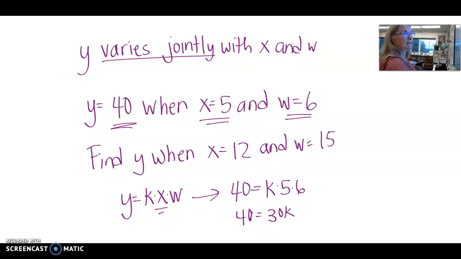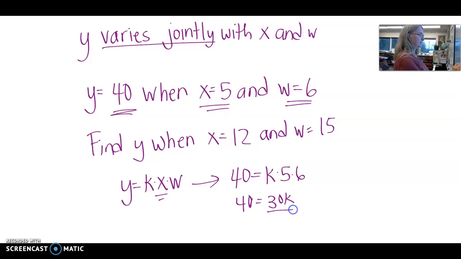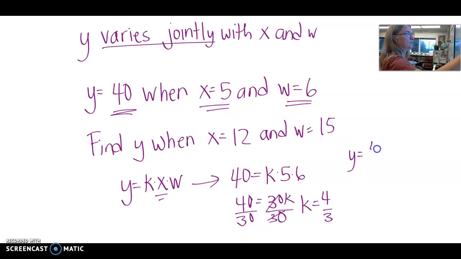Solving for k, if we divide by 30, k is equal to 4/3. So then writing out the equation, we have y equals 4/3 times x times w.